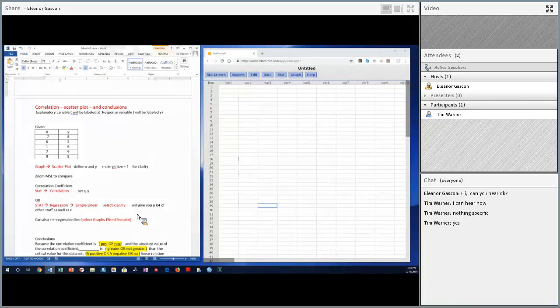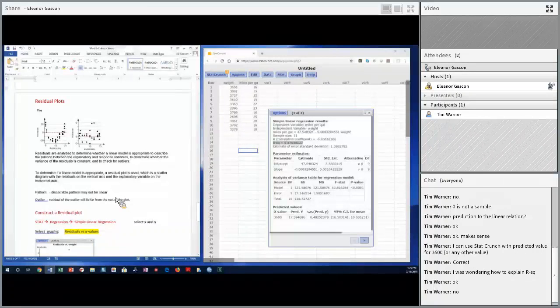But when you get to doing a regression model, with an explanatory variable and a response, and residual plots, residuals are what happens when you plug the value for X into the equation and you get a Y hat. So you have the Y, and then you have the Y hat.